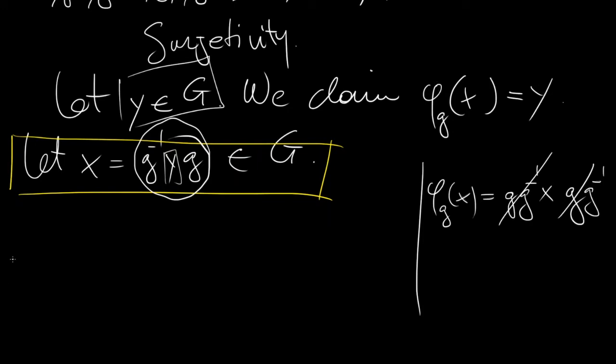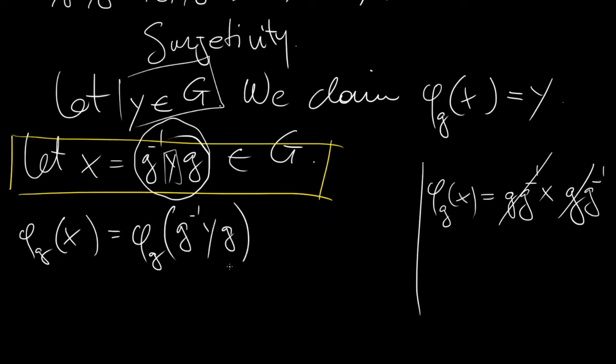So how do we do it? Straightforward. We say again, little phi of g of x is equal to phi of g of this guy, g inverse y g, which is equal to, what does the function do? It operates g on the left, g inverse on the right.